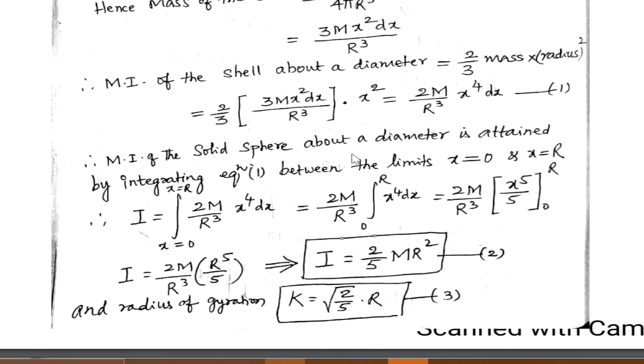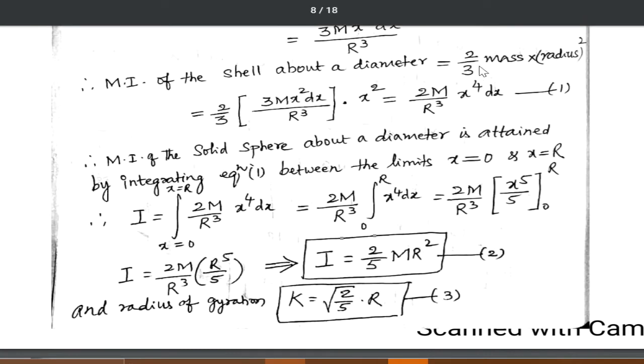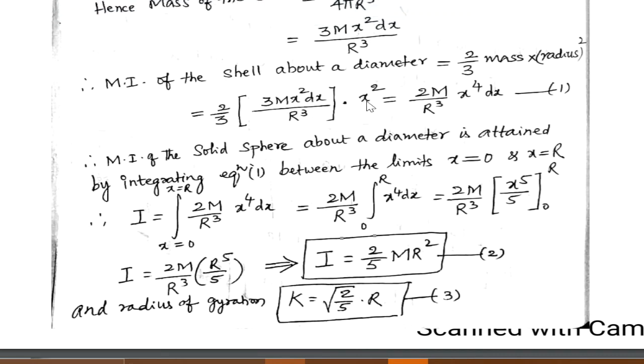Therefore, moment of inertia of the shell about a diameter is 2 by 3 times mass into square of the radius. That is 2 by 3 into mass, 3m x square dx by r cube, into its radius x, therefore x square. Simplifying, we get 2m by r cube into x to the power 4 dx. Let me call it equation 1.